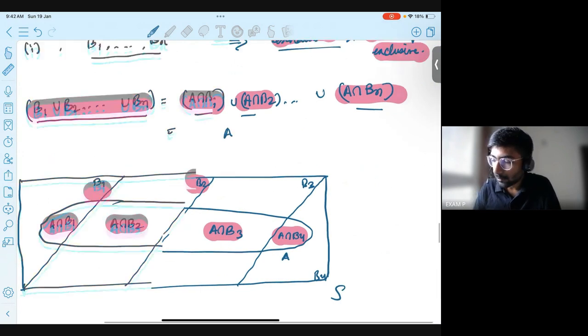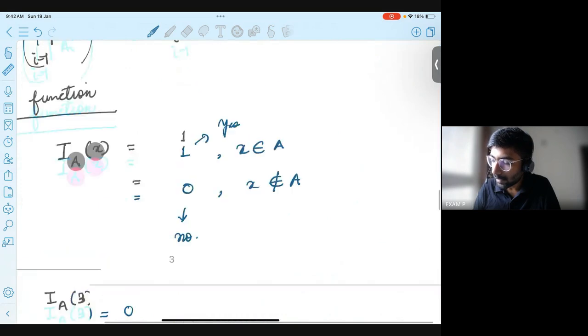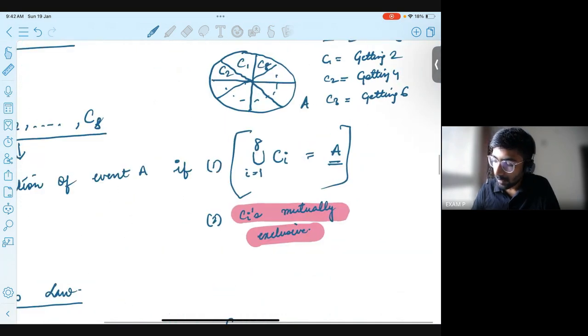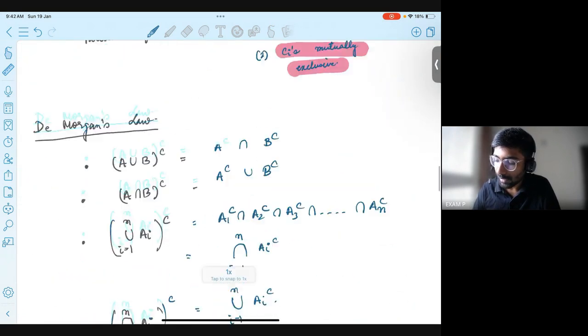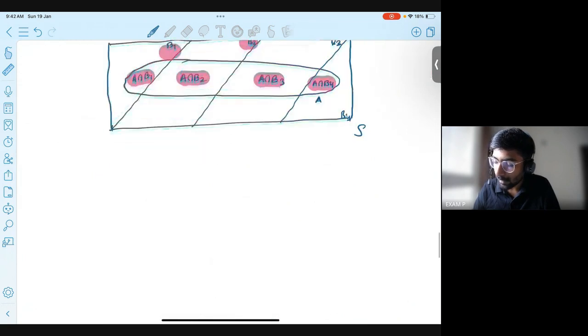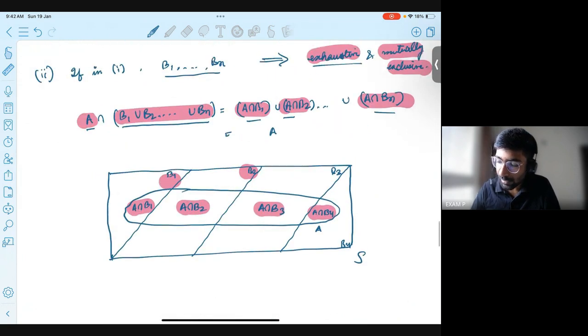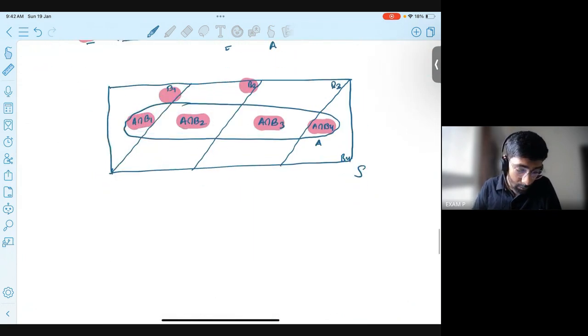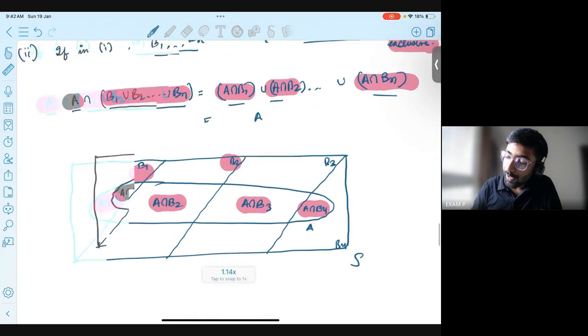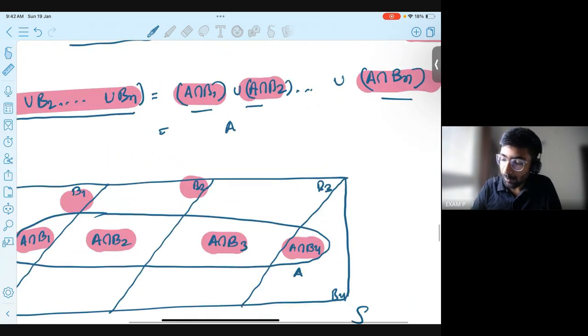So it's again satisfying the condition that together the union gives you the entire set, and also they are mutually exclusive. Both things are satisfied. Hence, we say that whenever this is the case, these different events, A intersection B1, A intersection B2, and A intersection Bn, give you the partition of event A.